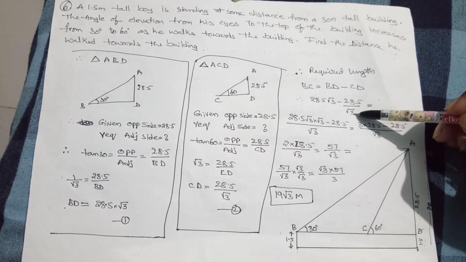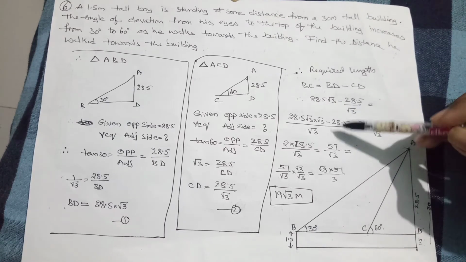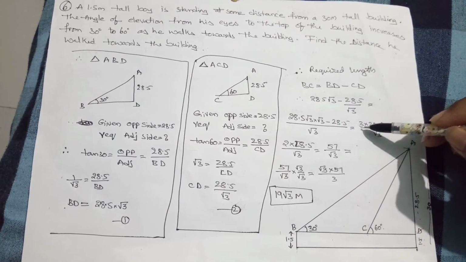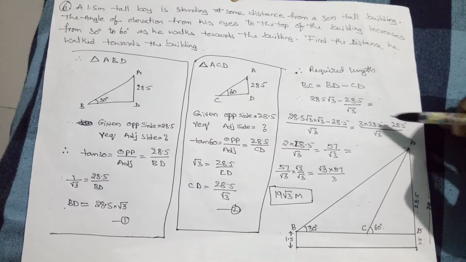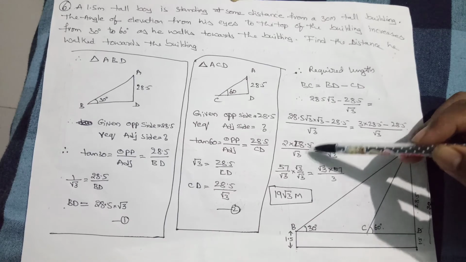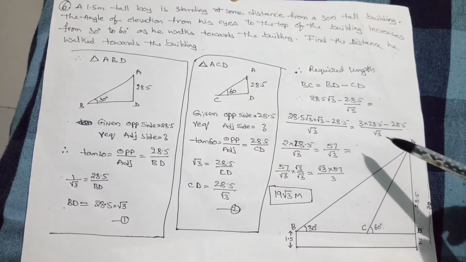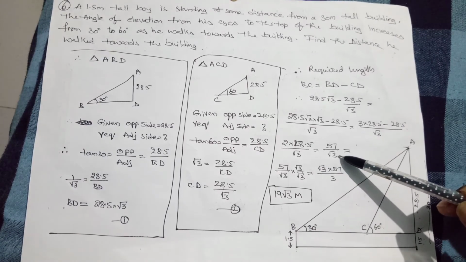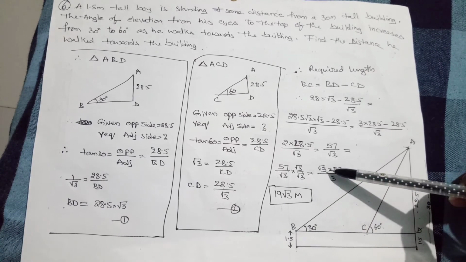Now, equation 2 has a denominator and equation 1 does not, so multiply; when you multiply, root 3 becomes 3. So, 3 times 28.5 minus 28.5 means 2 times 28.5 will remain by root 3, that is 57 by root 3. Now rationalize, because the denominator contains root 3, therefore 57 by root 3 into root 3 by root 3.